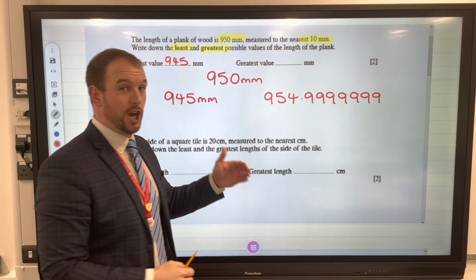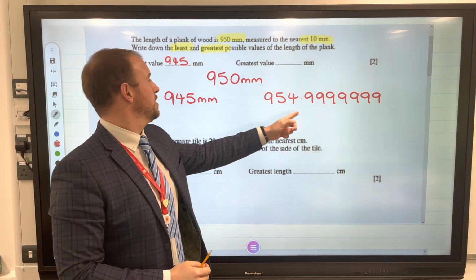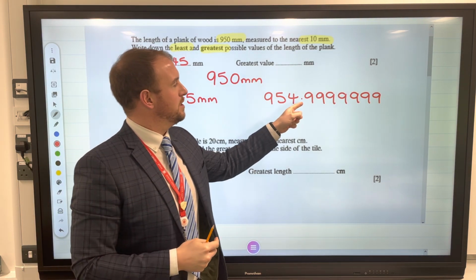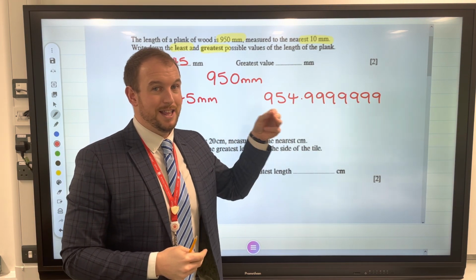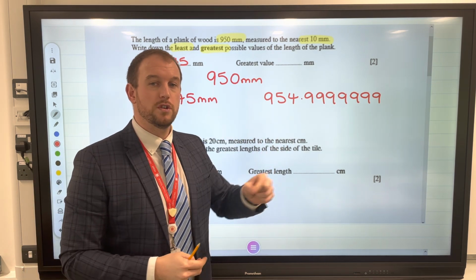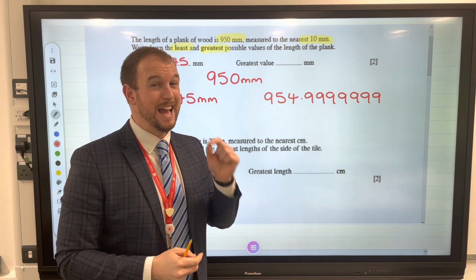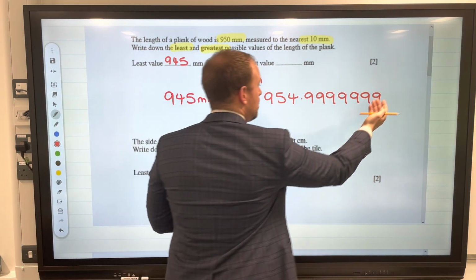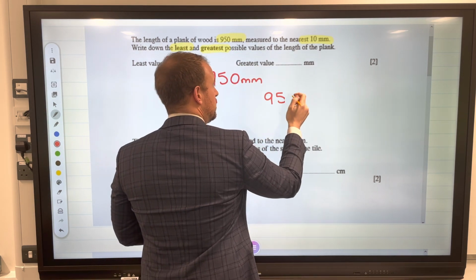I could make it recurring, and it would still round to 950. However, if it's recurring, that means it is extremely, extremely close to 955 millimeters. It is that close, we are actually going to write 955.